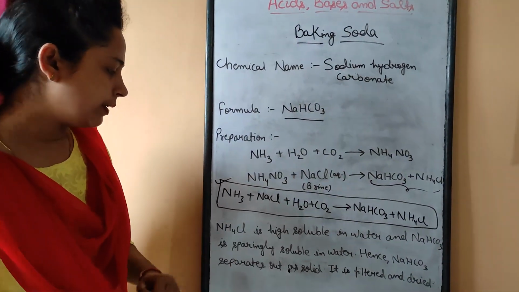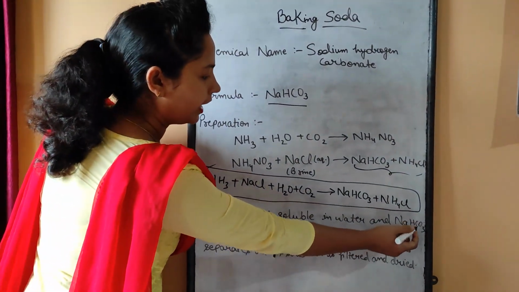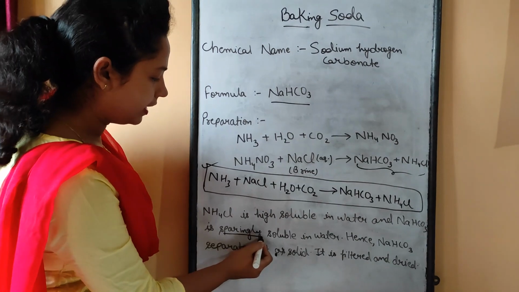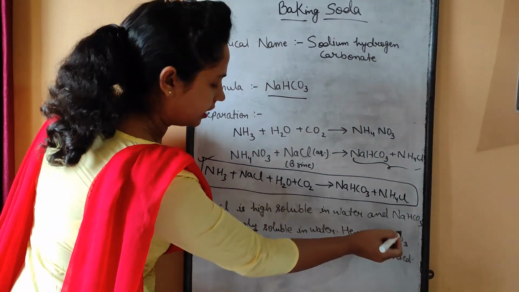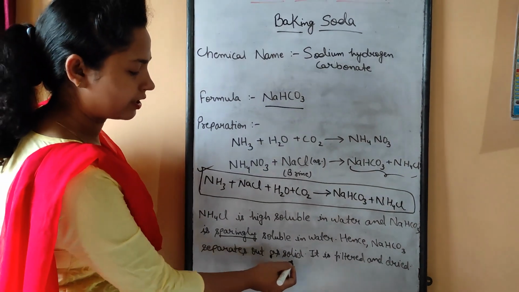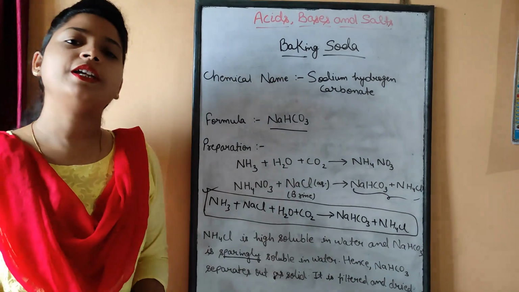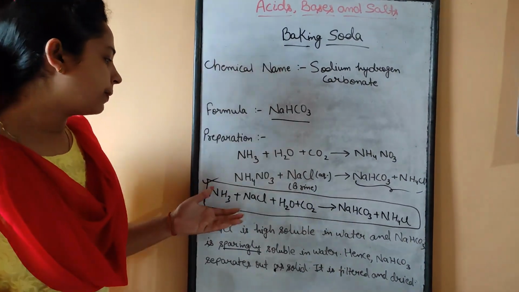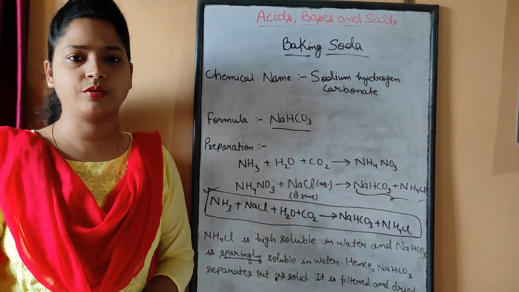That's why I have written here NH4Cl is highly soluble in water and NaHCO3 is sparingly soluble in water. Hence, NaHCO3 separates out as a solid. It is filtered and dried. So by this process, we can prepare NaHCO3, that is the baking soda.